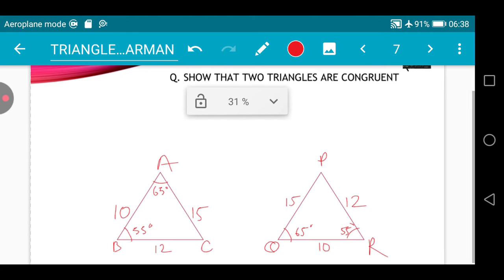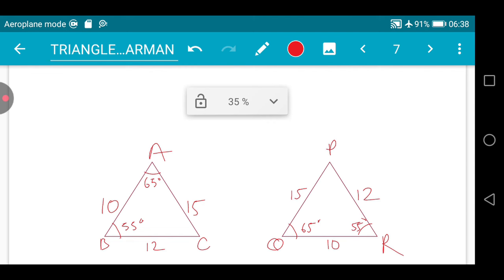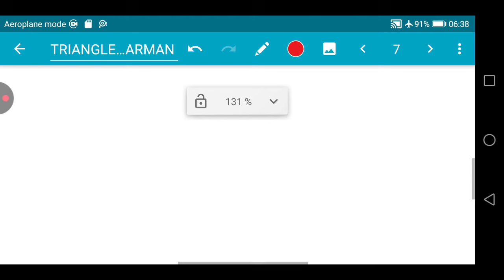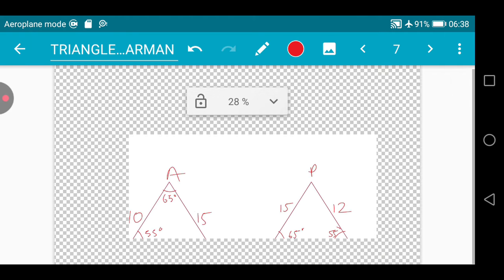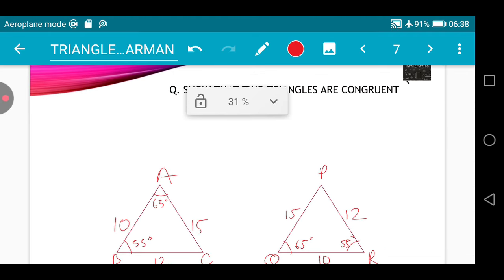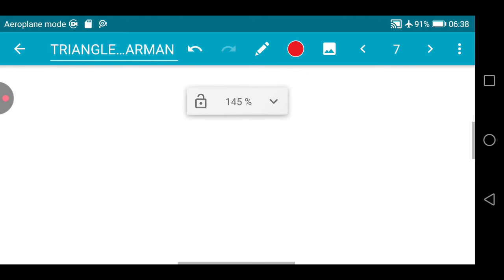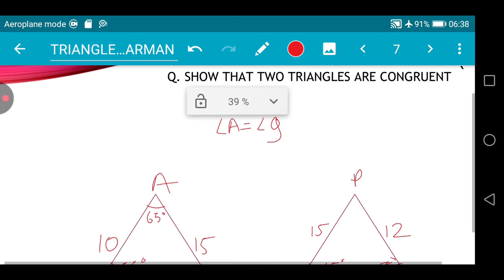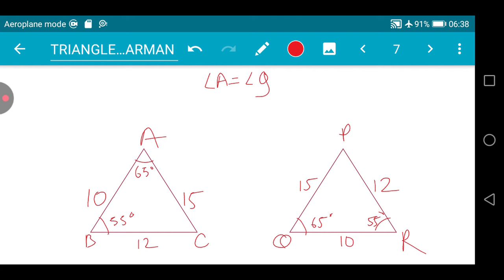If you notice here, AB should be equal to PQ, but AB is equal to QR. AC should be equal to PR, but it is PQ. BC should be equal to QR, but it is PR. So what will you write? If this is 65, 55, angle A equal to angle Q, because both are 65 degrees.